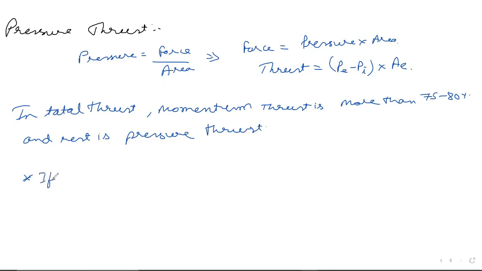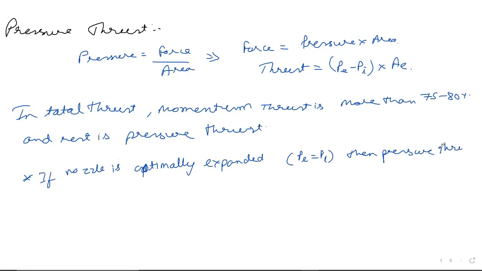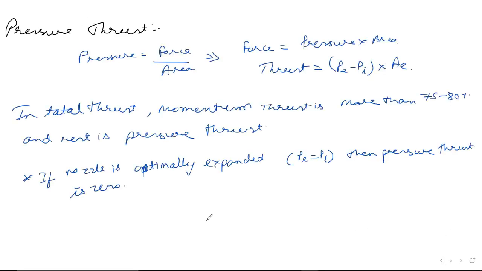Now, if the nozzle is optimally expanded, we have studied this. What is optimally expanded? Optimally expanded means PE equals PI. Then pressure thrust is 0. So in the formula of thrust, let's only consider that F is m dot times ue minus u.